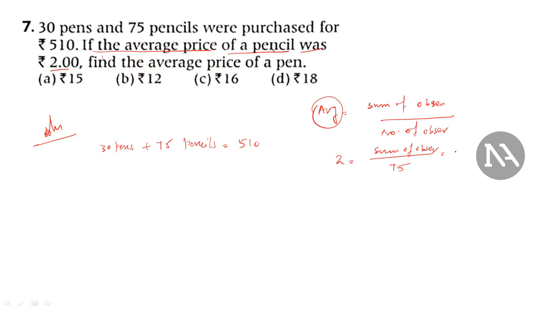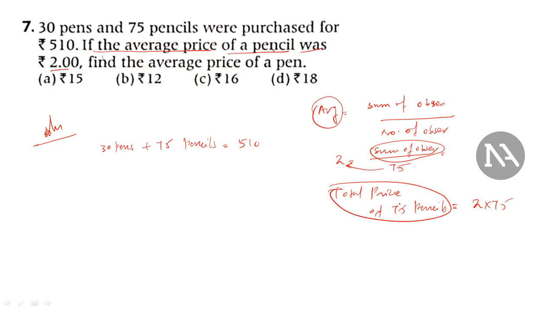So the total price of 75 pencils is equal to 2 into 75, because this will come to this side. So sum of observations is equal to total price of 75 pencils, right? From this I can write it is 150.